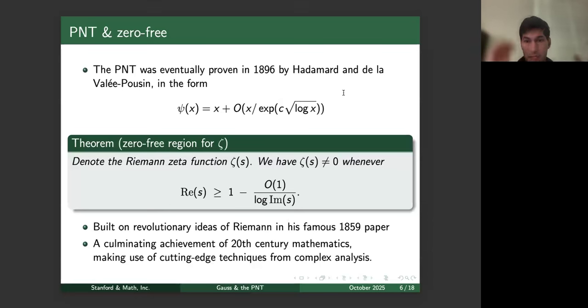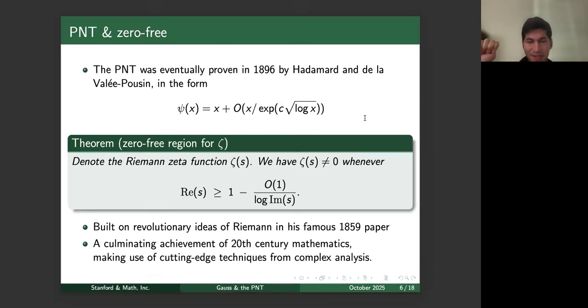This was a classic result proved in 1896, which was one of the culminating achievements of 19th century mathematics. In the course of the proof, as Daniel alluded to, the key technical result is a statement about the Riemann zeta function, one of the famous functions of a complex variable.